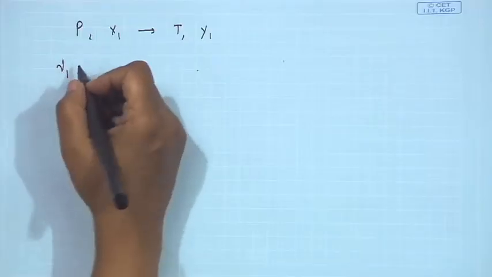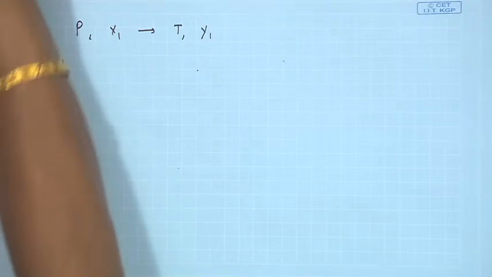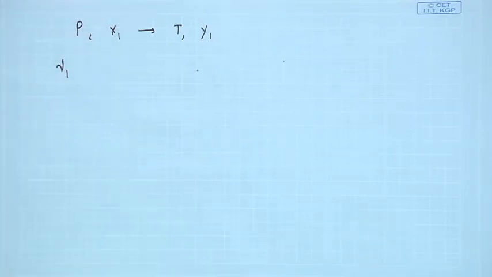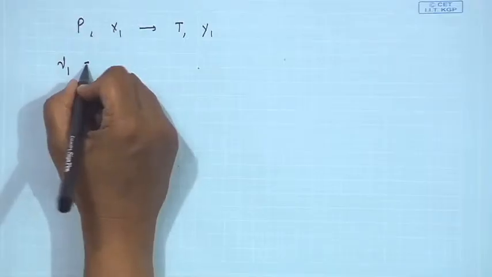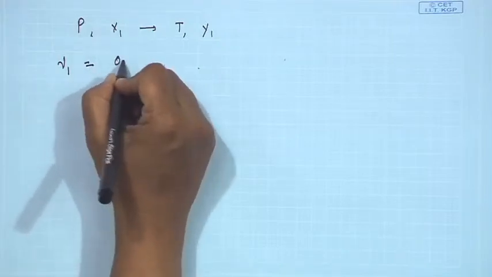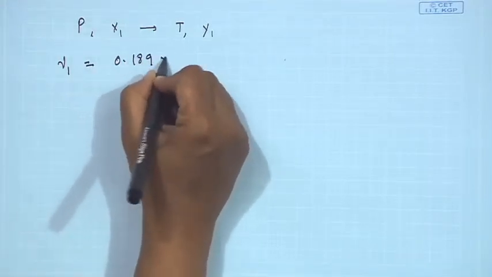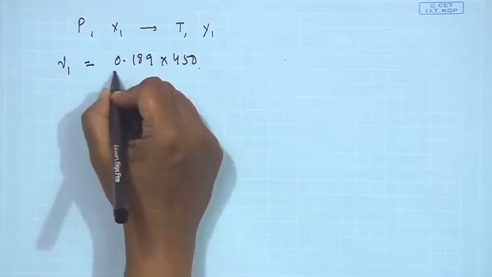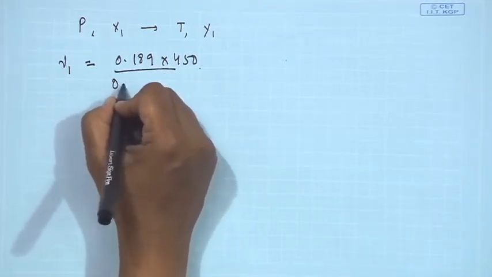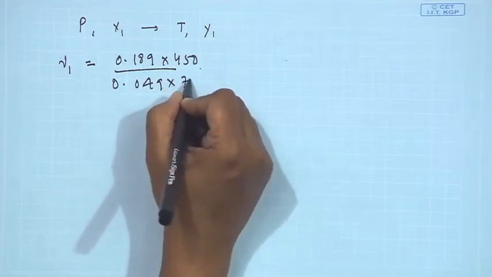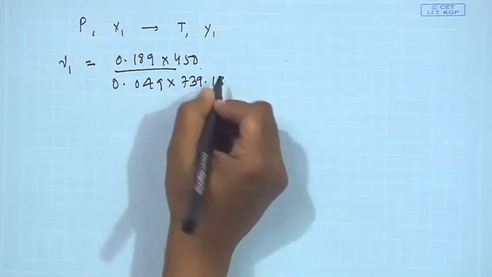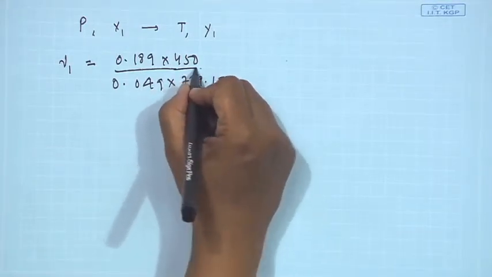For the first condition, let us say x1 equals 0.049, y1 equals 0.189. For this particular condition we can find out gamma 1, it is 0.189 into 450 torr divided by 0.049 into 739.18, the P saturated.